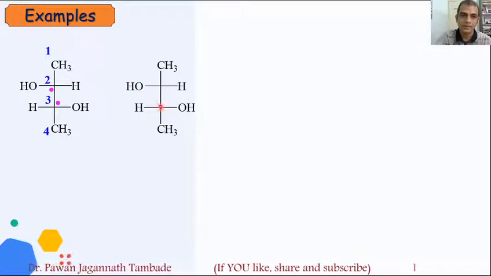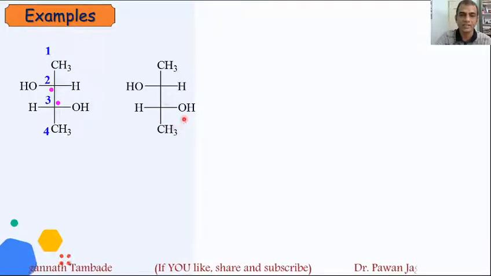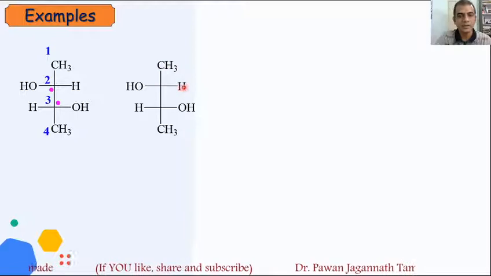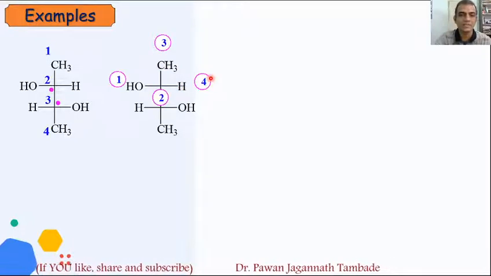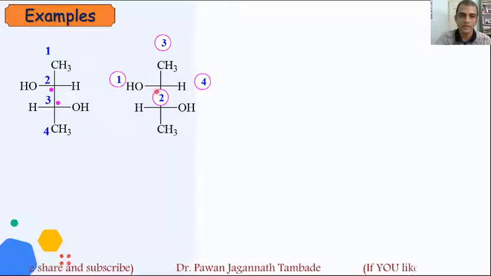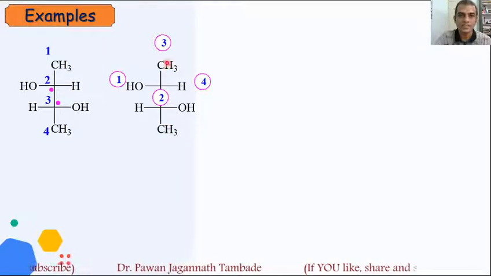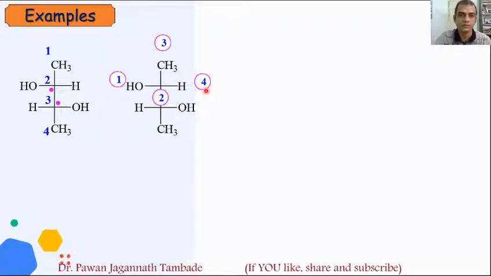Later on, this group is attached to this chiral center, so this group will get second priority, CH3 will get third priority and hydrogen will get fourth priority. So this is the priority sequence for carbon number 2. OH first priority, this group got second priority, CH3 got third priority and hydrogen got fourth priority.